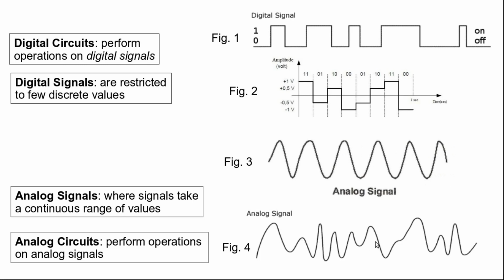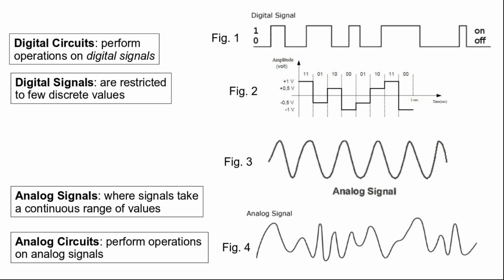And to give you an example, if we say temperature, the temperature is actually an analog signal, because when we say temperature, it can have an infinite number of values.